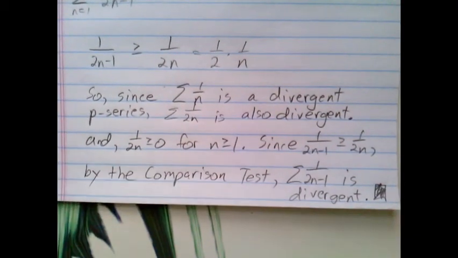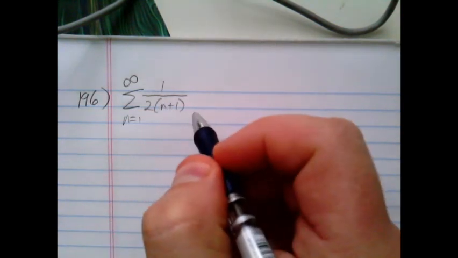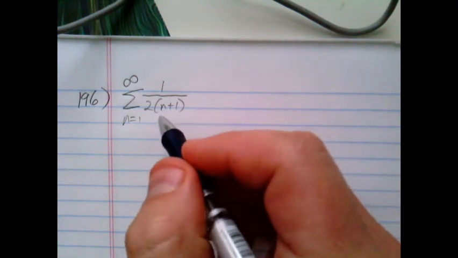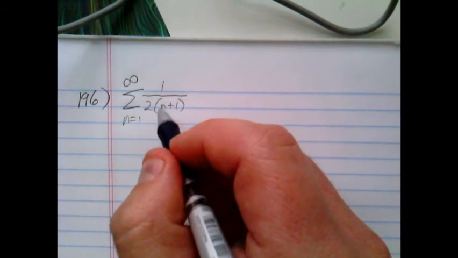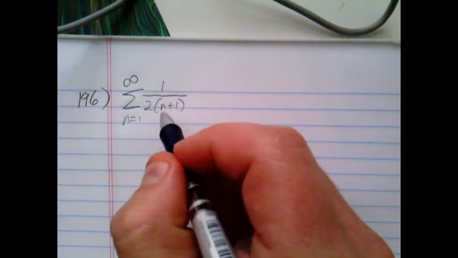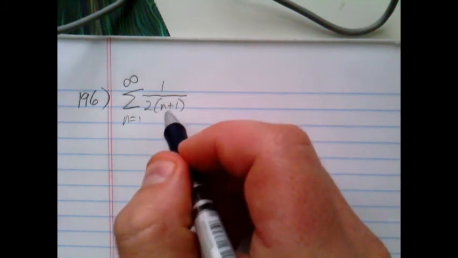Let's do 196. Alright, here's 196. It's an infinite series where the nth term is 1 over 2 times n plus 1. Now, I've got to tell you, right off the bat, I'm thinking this one is just like the last one, because the only thing I'm seeing with an n is an n to the 1, and that's in the denominator.